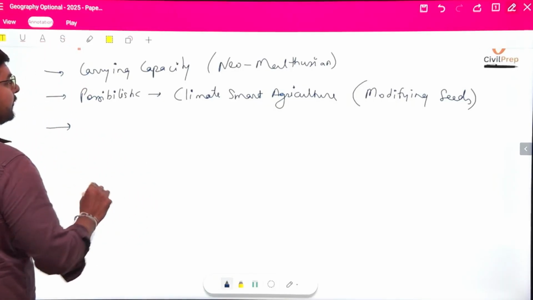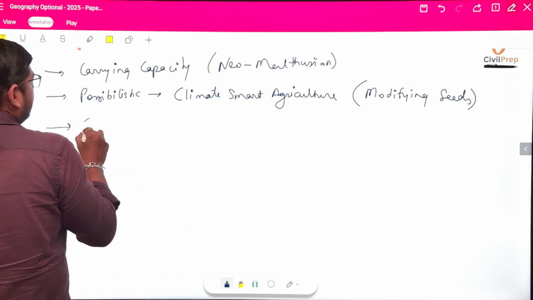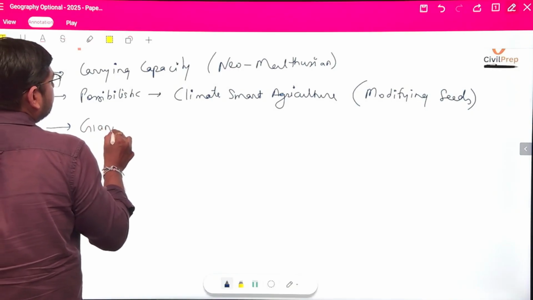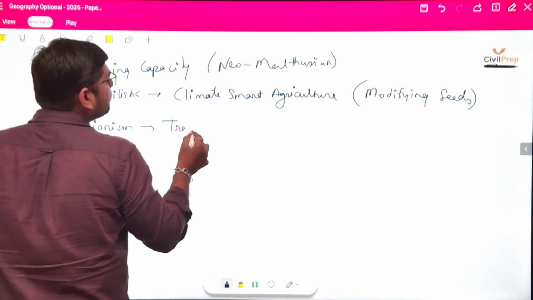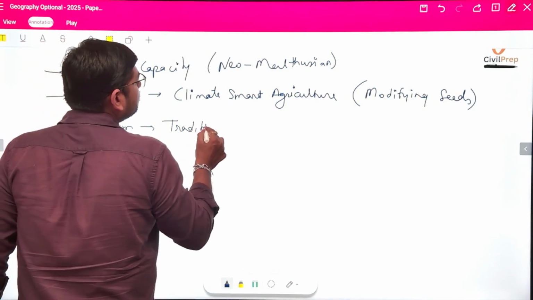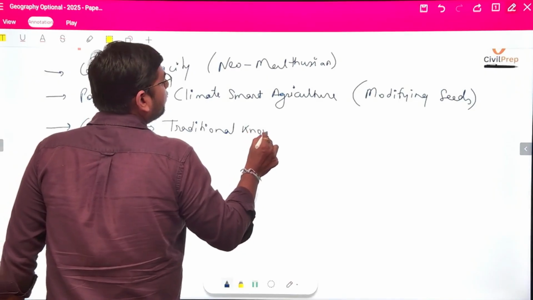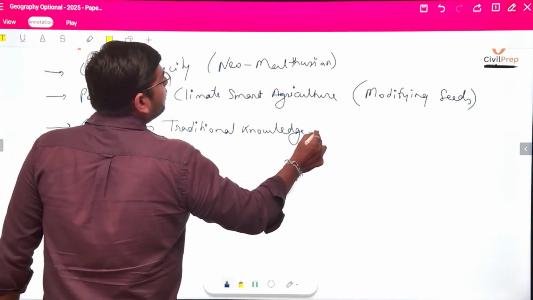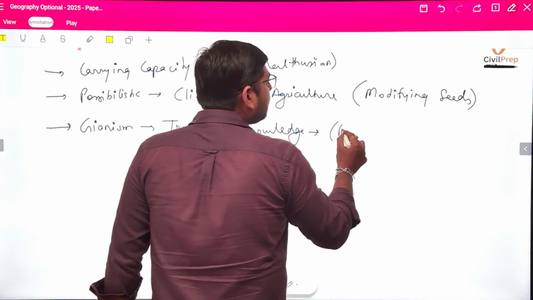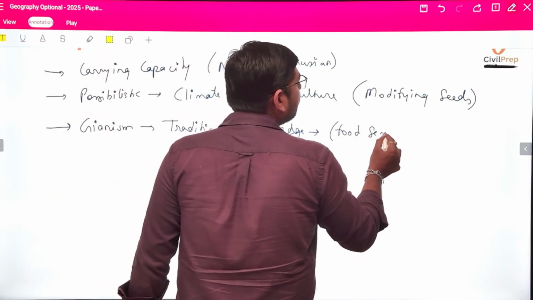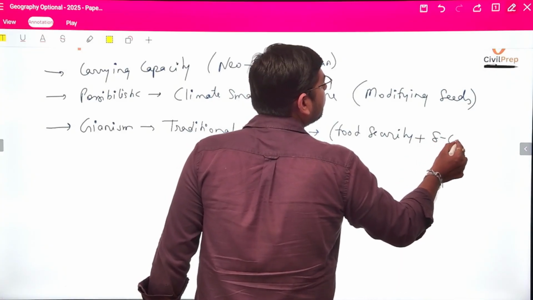Then we can also have an approach more towards Gyanism, where we are using traditional knowledge for the achievement of food security, plus socio-economic equality.